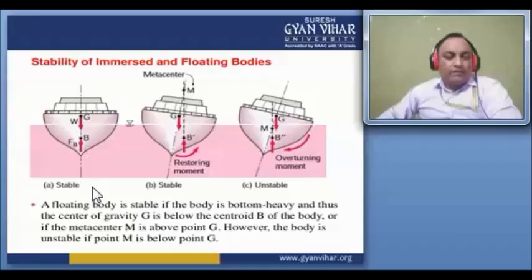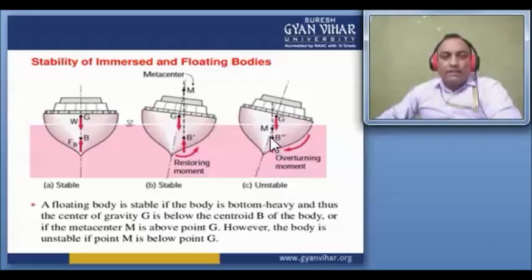So this is the stable case, and if this type of body creates a metacenter, then it always creates a restoring moment. This is the metacenter point. Here in this case, it creates an overturning moment, or it always shows the unstable condition.